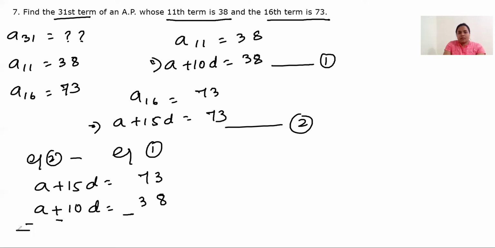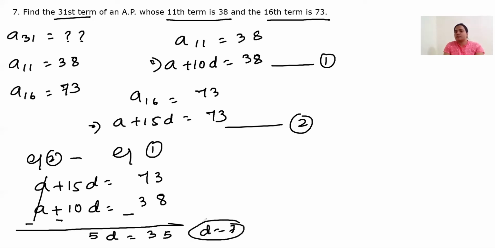a plus 15d is equal to 73 and a plus 10d is 38. We will subtract. a minus a cancelled. 15 minus 10, 5d is equal to 73 minus 38, which is 35. So d is equal to 7.